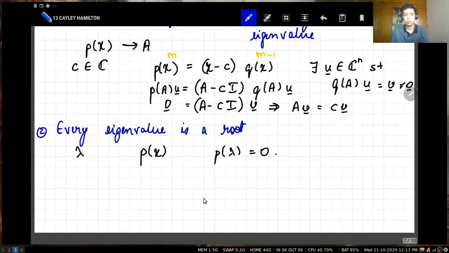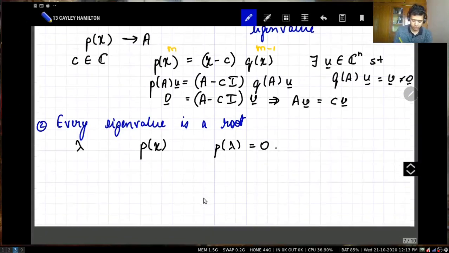And this is very straightforward, because if we take P of A times u, corresponding to lambda we have an eigenvector u.